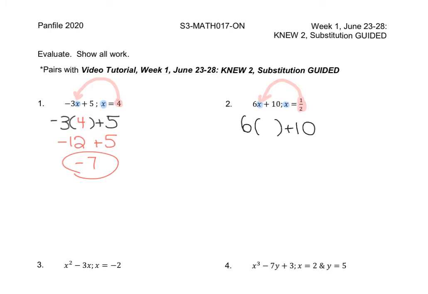Now I'm going to place my 1/2 inside of my template. So I have 6 times 1/2 plus 10. Order of operations says that I need to do my multiplication first. So 1/2 of 6 is 3, plus 10. That gives me 13.